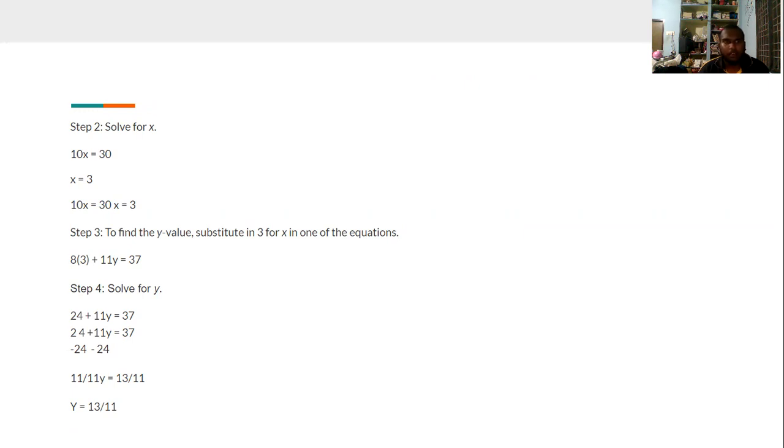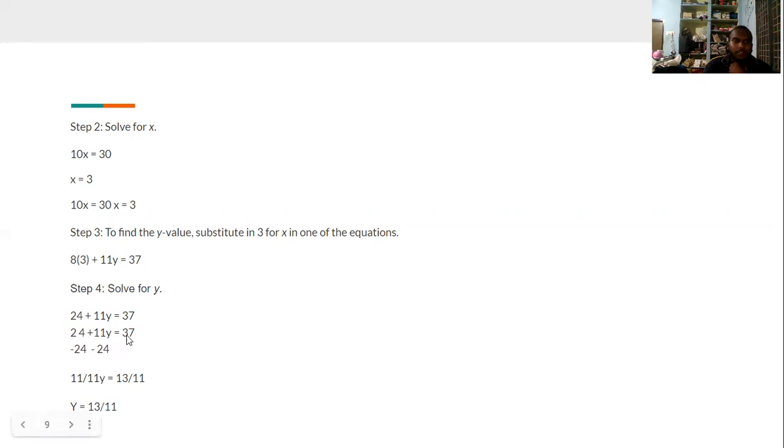Step 3. To find the y value, substitute 3 in for x in one of the equations. We got the x value, so we need to find the y value. We select the first equation, 8x plus 11y is equal to 37, and substitute 3 for x. Step 4. Solve for y. 24 plus 11y is equal to 37.